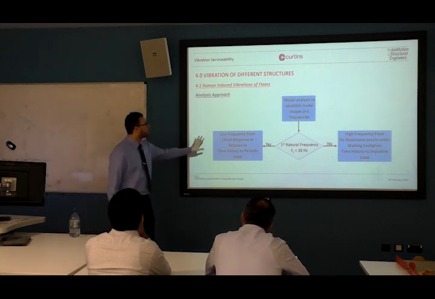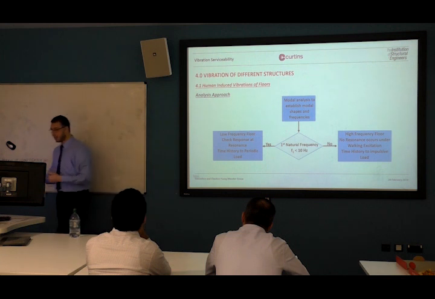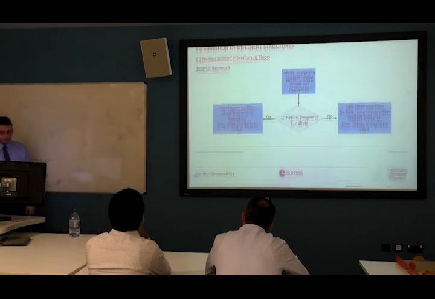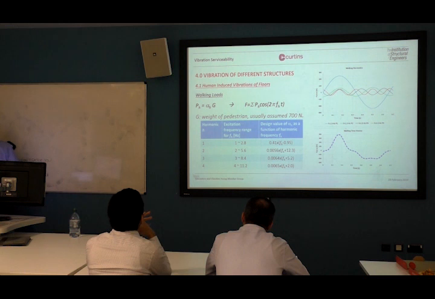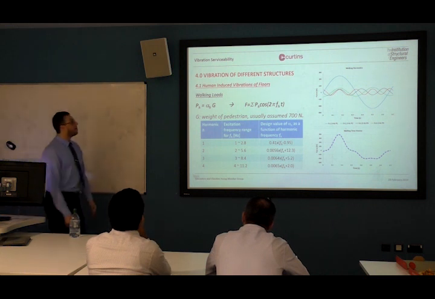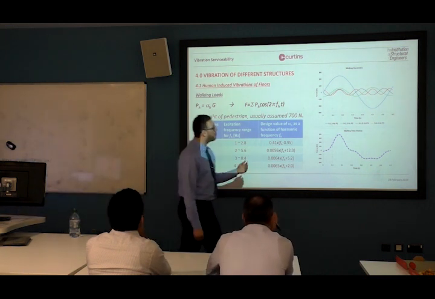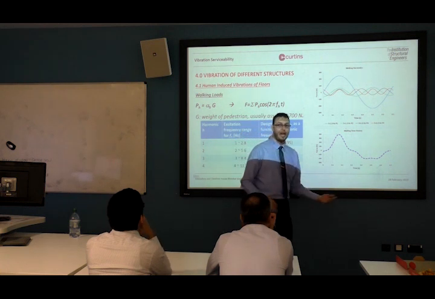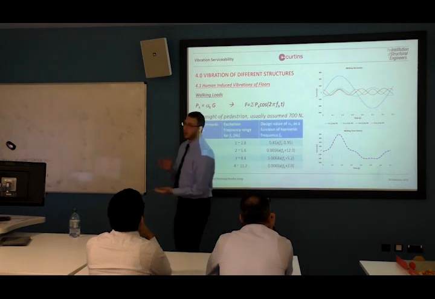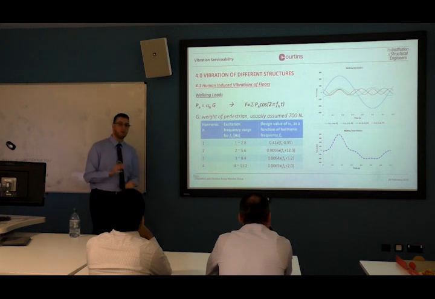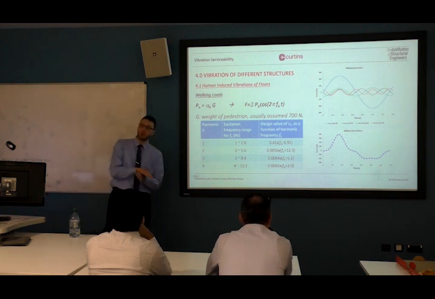So we start with the natural frequency, we establish that it's less than 10, then we have to do some sort of time history analysis. Time history analysis means that we need to apply the loads dynamically, and we apply them when we find the peak mode shape.